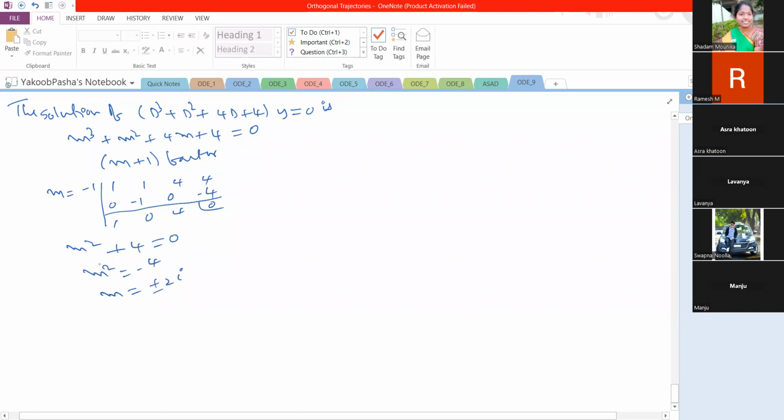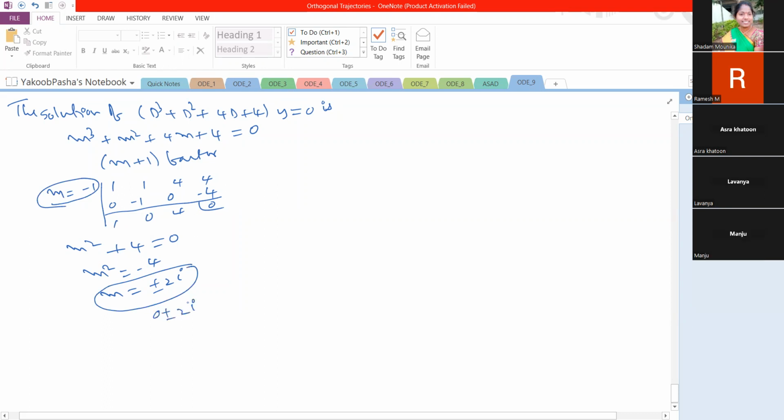Here the roots are m is equal to minus 1, which is the real root, and m is equal to plus or minus 2i, which is nothing but 0 plus or minus 2i. These are complex roots. So the general solution is y is equal to yc.